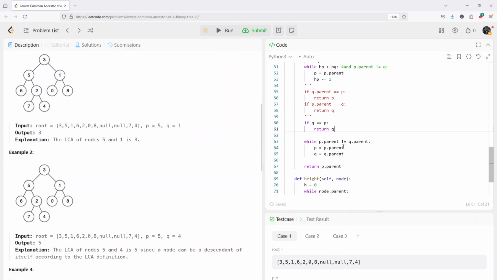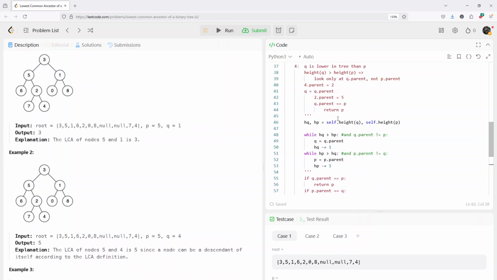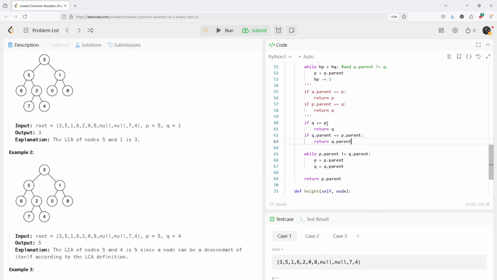So you're not hitting this. So we could also do then is if Q.parent equals P.parent, return Q.parent. There. So then now you have two cases where their heights are the same. If they're actually the same node, you just return that node. If their parents are the same, return the parent.